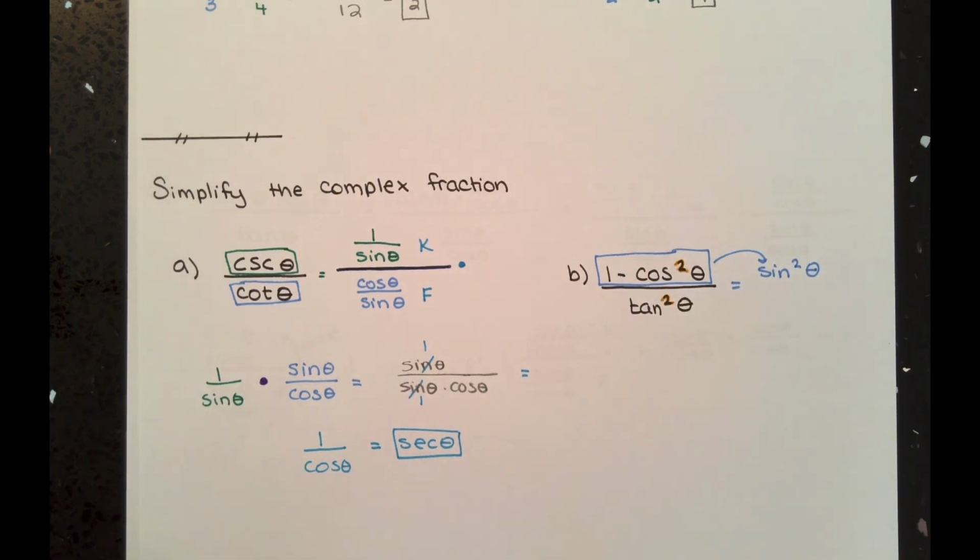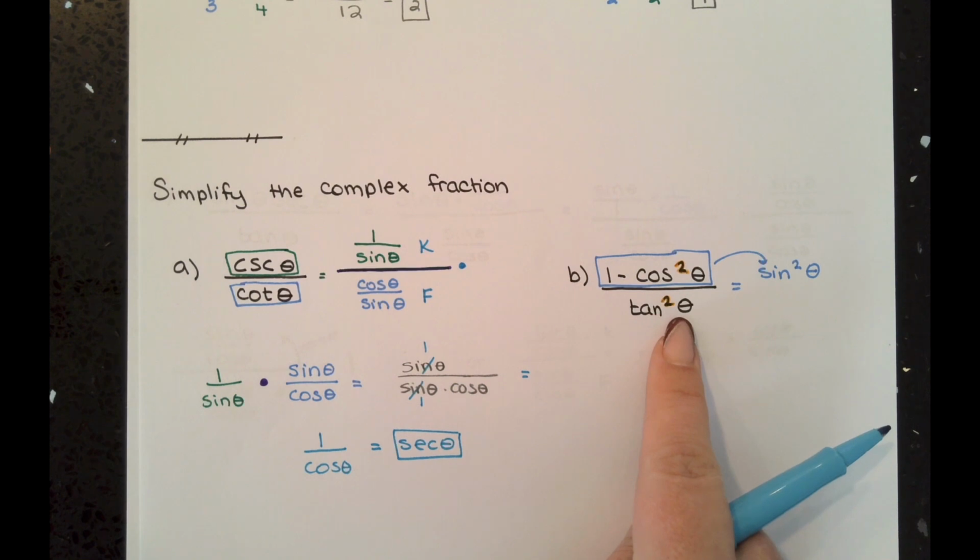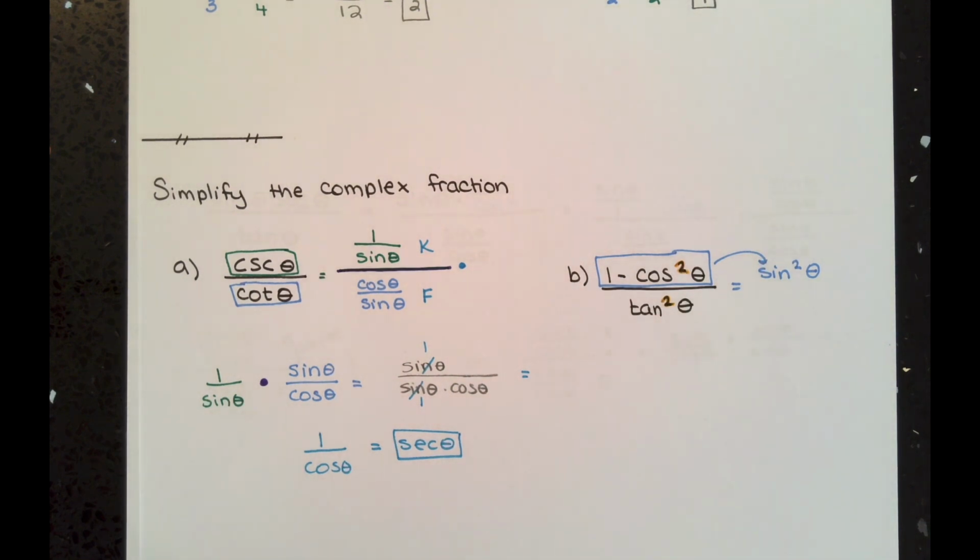Now I do see a tangent. Tangent is squared. But before I use tangent's Pythagorean identity and call it secant squared minus 1, I'm going to try to use the tangent cotangent identities to see if that helps me out. A lot of times if it's singular squared, you want to use those identities before you use the Pythagorean. If you see a binomial, then it's the Pythagoreans.